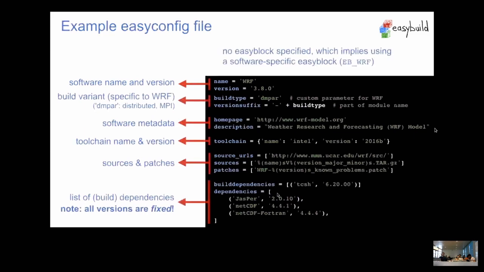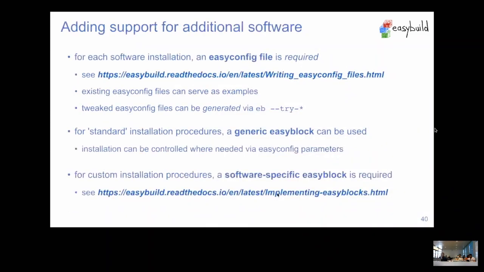So this was an example easyconfig file. Whenever you do an installation with EasyBuild, there will be an easyconfig file for it somewhere. Either you wrote it yourself, or it's part of the EasyBuild installation, or it is generated somehow by EasyBuild. So more details on this in the documentation, of course, and I'll give a couple of examples.